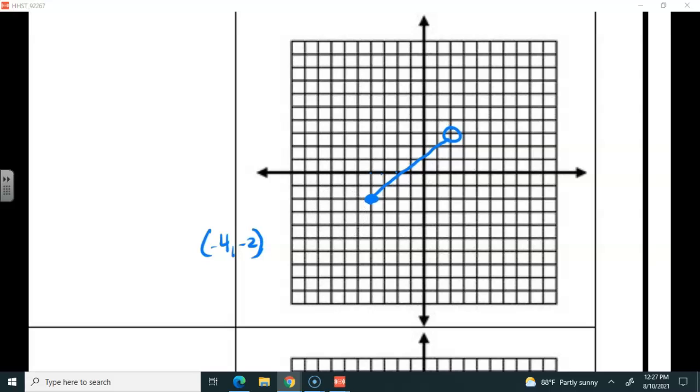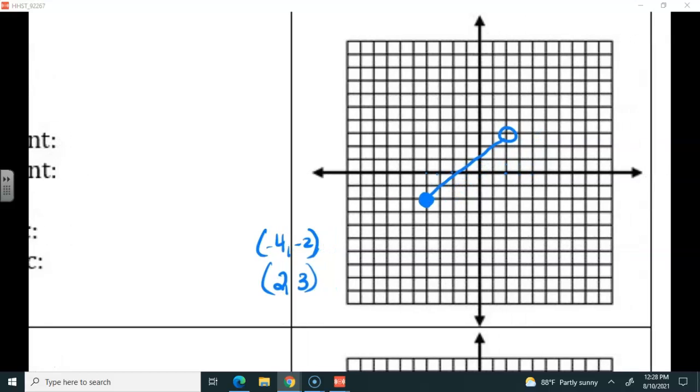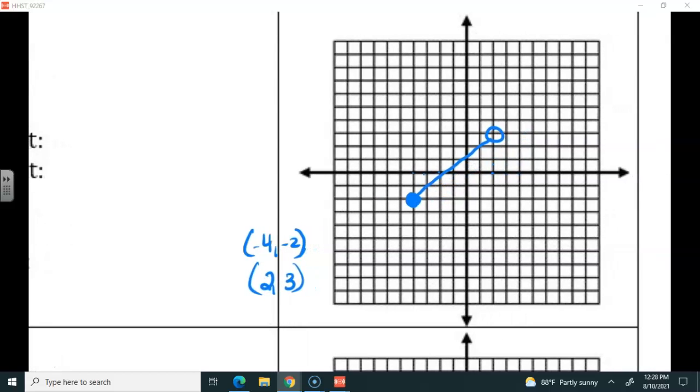And then this point over here is 1, 2, 1, 2, 3. So then the point 2, 3. Now you'll notice one of these is a closed circle and the other is open. Closed circles we use brackets for. Open we use parentheses.